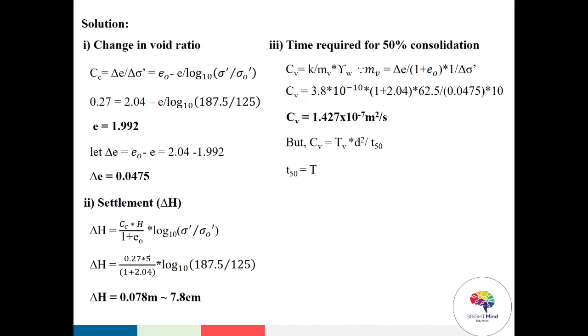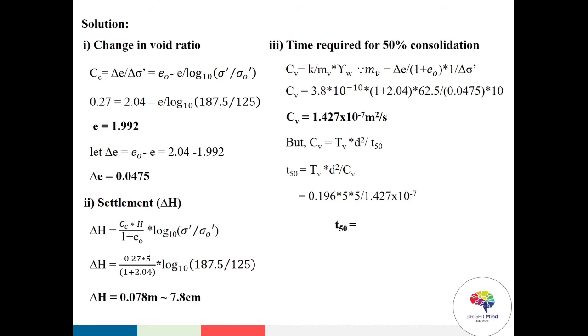T50 will be equal to Tv into d square upon Cv. Substituting the values, in place of Tv I'll substitute 0.196. Since it is a single drainage, the length of the drainage path will be the height of the stratum only, that is 5 meters. So into 5 into 5 divided by 1.427 into 10 raised to minus 7.